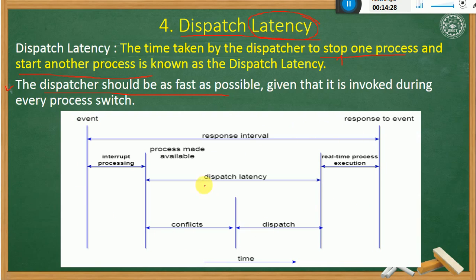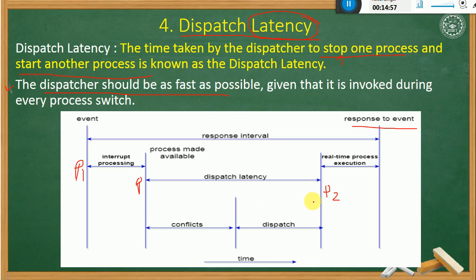Using this diagram, we can easily understand dispatcher latency. Event and response event, these are the two events. When an event occurs, there will be an appropriate response. During interrupt processing, the first process P1 is in execution, and it is interrupted by P2, then P1 will be stopped and P2 will start executing.